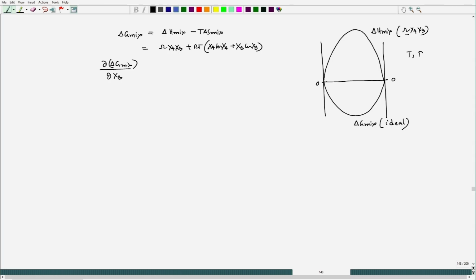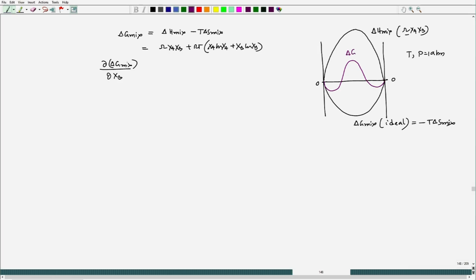This is temperature constant, pressure is equal to 1 atmosphere, which is nothing but minus T delta Smix. Then my delta Gmix plot in case of non-ideal would be, okay.